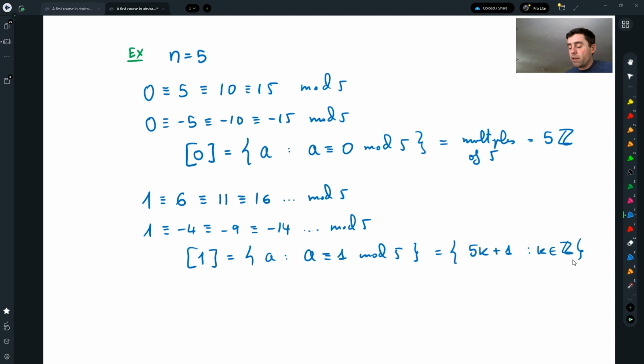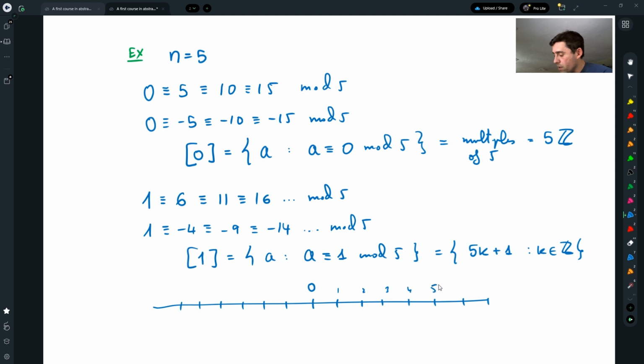Okay, and if you draw a number line, I have 0, 1, 2, 3, 4, 5, 6, 7, minus 1, minus 2, etc. Then 0 and 5 and minus 5 are in the same class.